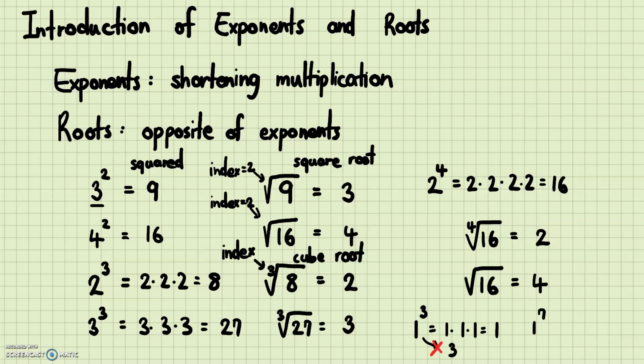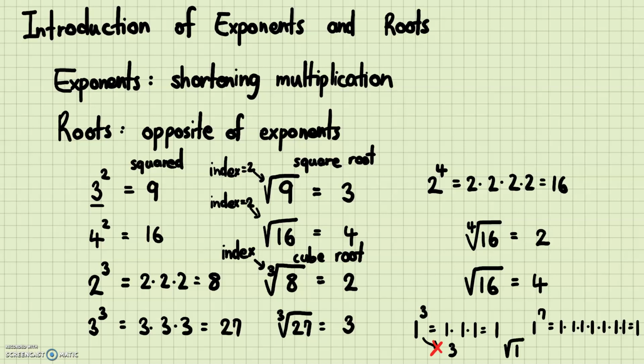Similarly, 1 to the 7th power. It's just 1 times 1 times 1 times 1 times 1 times 1 times 1, which is going to equal 1. So any power of 1, because you're just multiplying 1 by itself every time, is going to equal 1. And similarly, any root of 1 is going to equal 1.